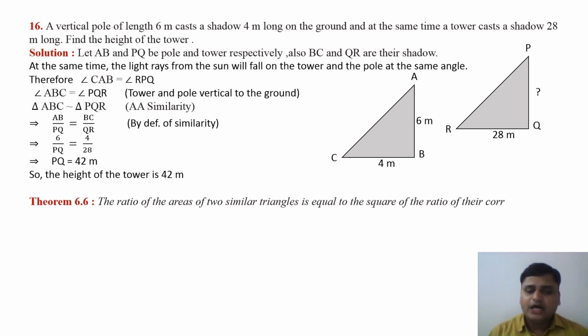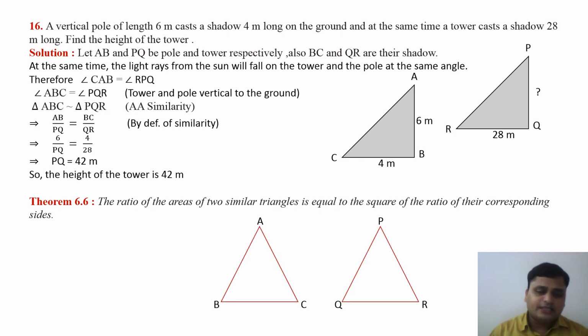It is said that the ratio of areas of two similar triangles is equal to the square of the ratio of their corresponding sides. Once again I repeat, two triangles are there, one is triangle ABC, another one is triangle PQR.